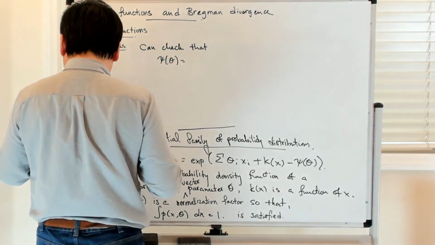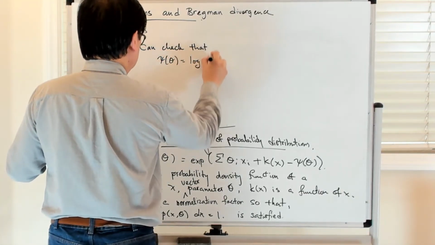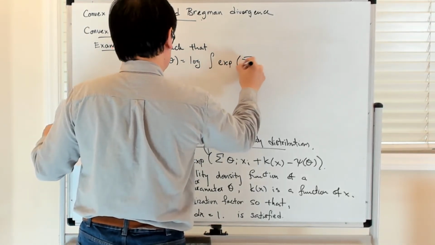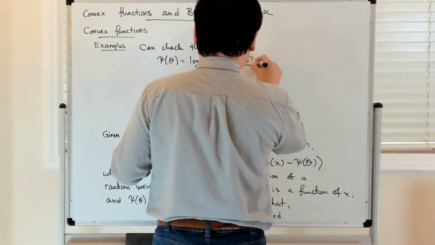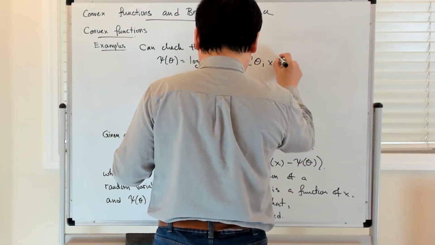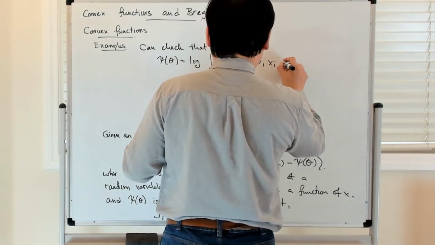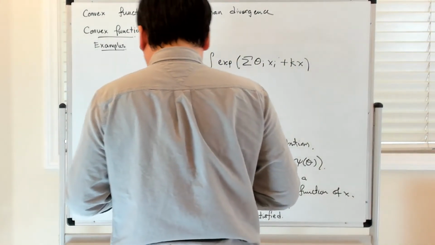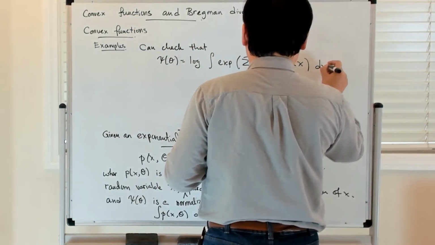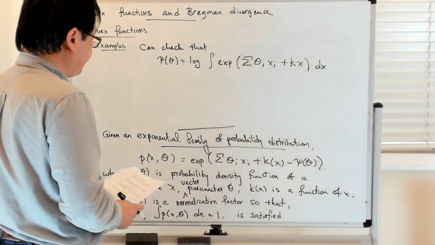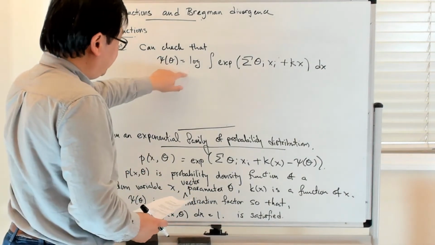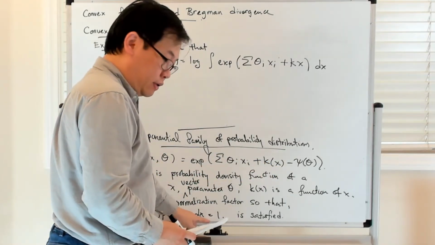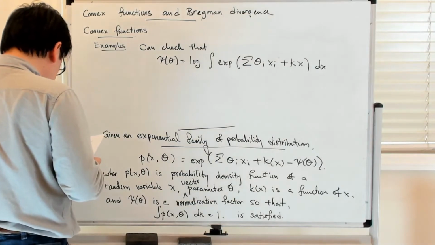So this is given by the log of the integral of the exponential of the above. If you have this, then you can check that when you integrate this probability distribution, you get the normalization condition.